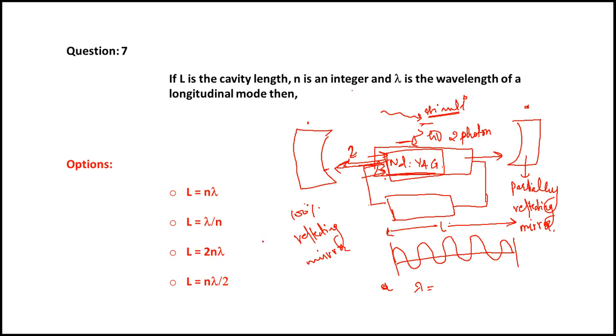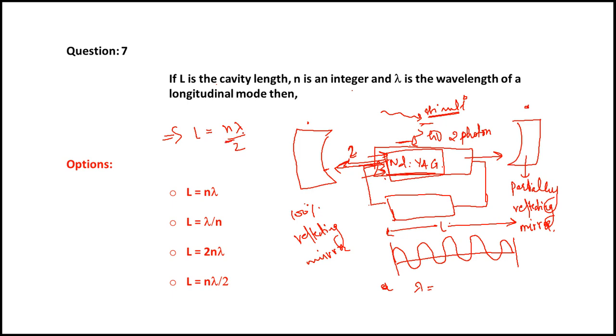So actually, this is a direct relation. If the cavity length is L, n is the integer and lambda is the wavelength, then the cavity length L should be n lambda by 2.